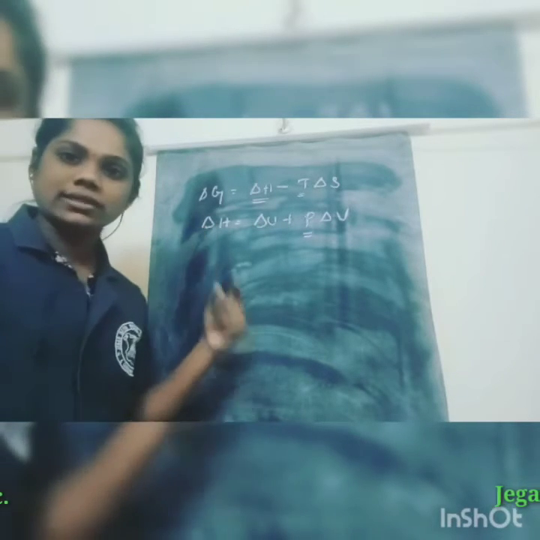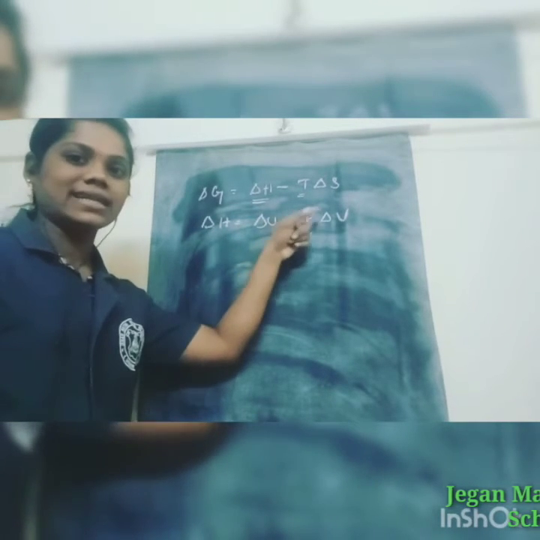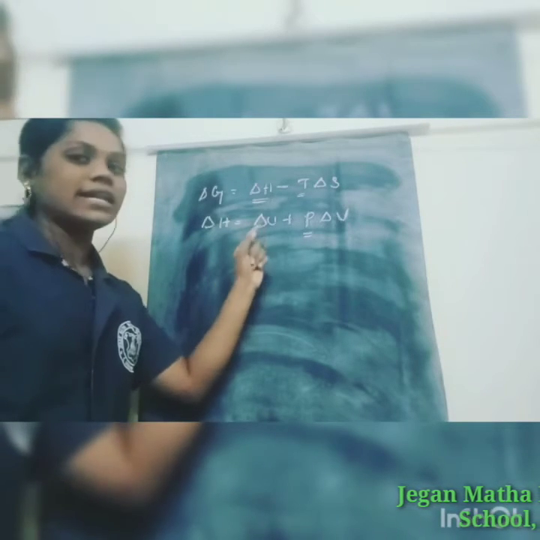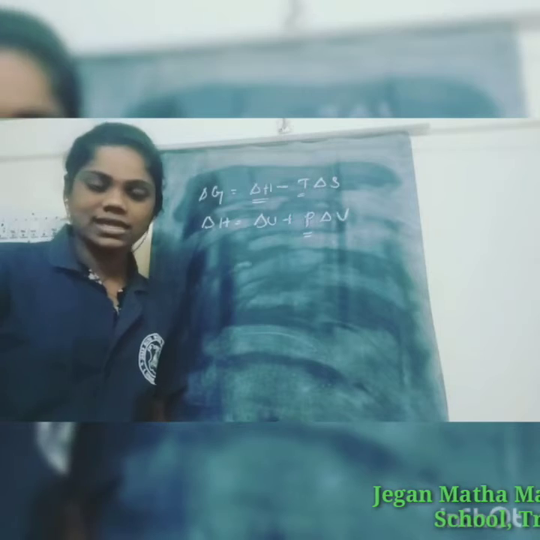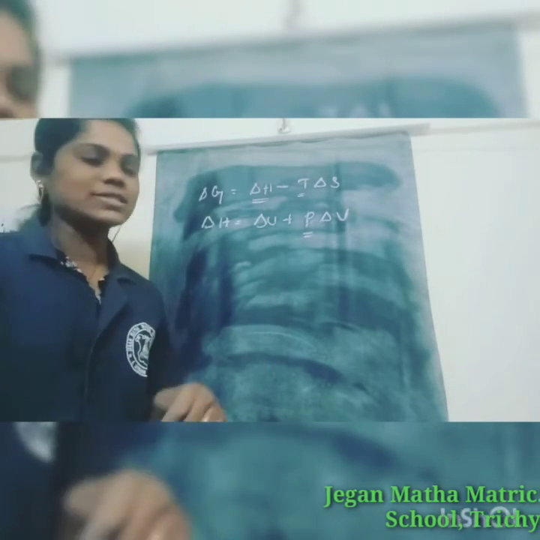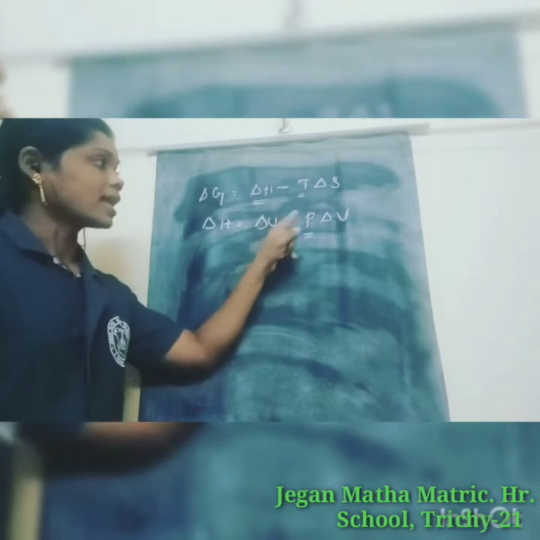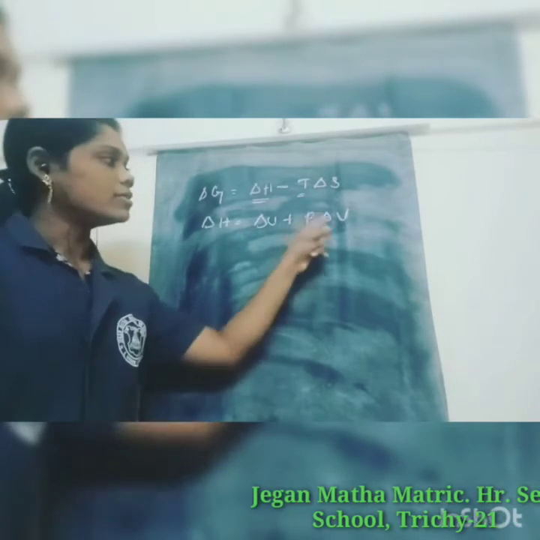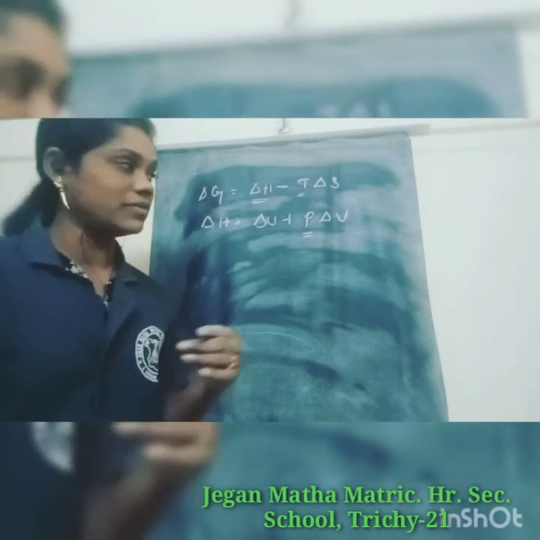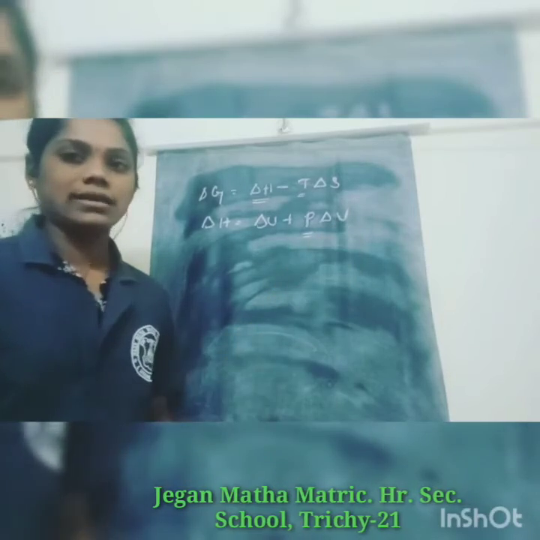So del H is equal to del U plus P del V. Del U means final minus initial, that is U2 minus U1, the change in internal energy. P is pressure. For volume, final minus initial is V2 minus V1, so the change in volume is del V.